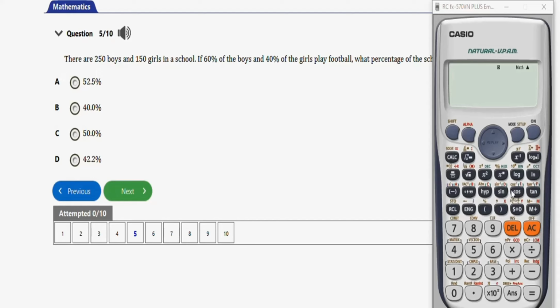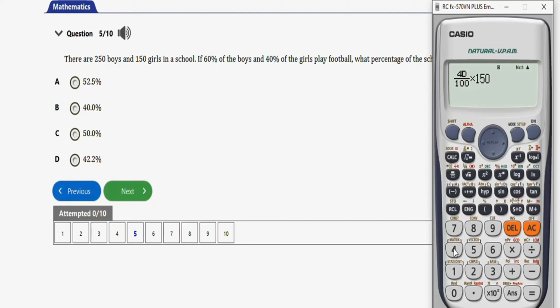So we have 60% of the boys, which will be 60 over 100 times 250. Press equal to, we have 150. So 150 boys out of 250 are playing football. For girls, we have 150 girls. Let's get the number of girls that are playing ball out of the 150. So the percentage is 40.